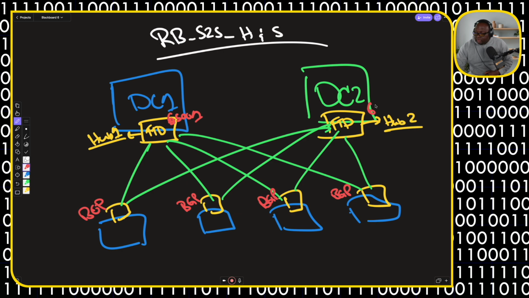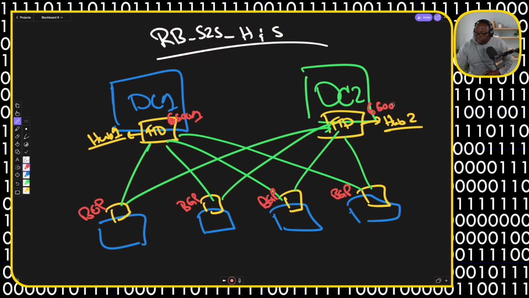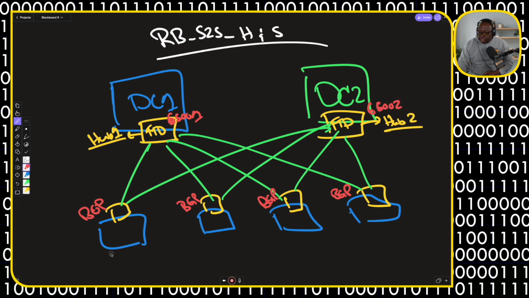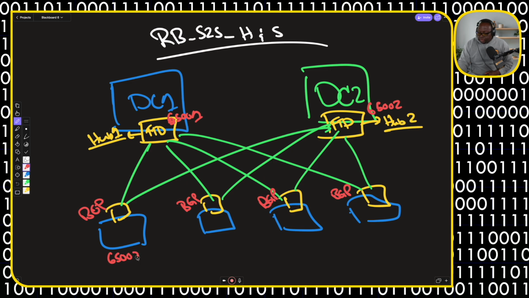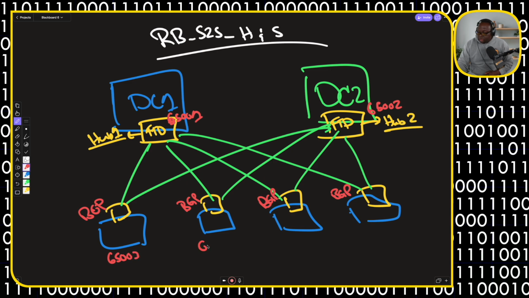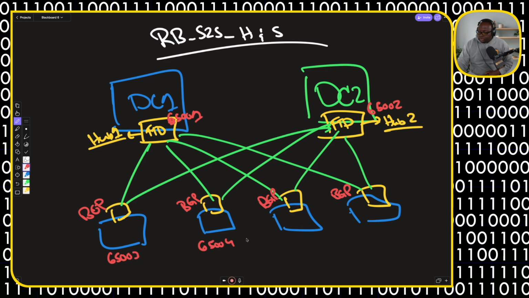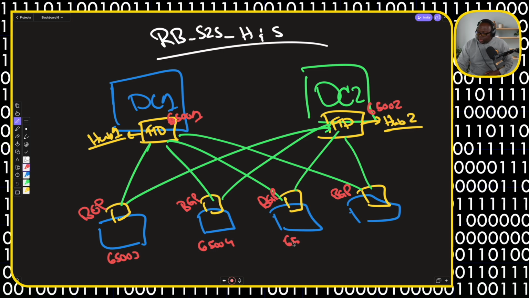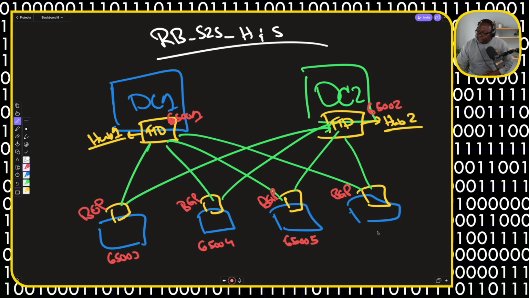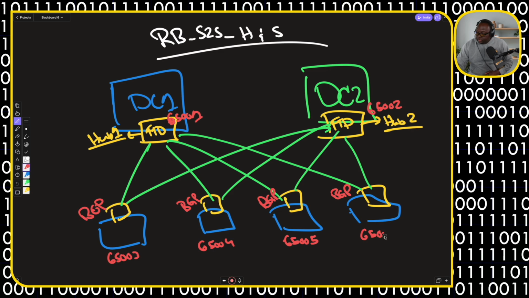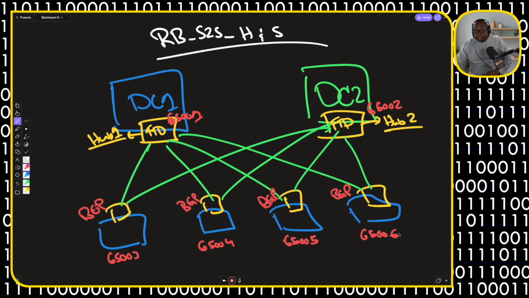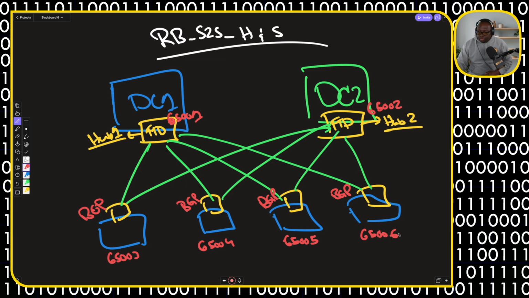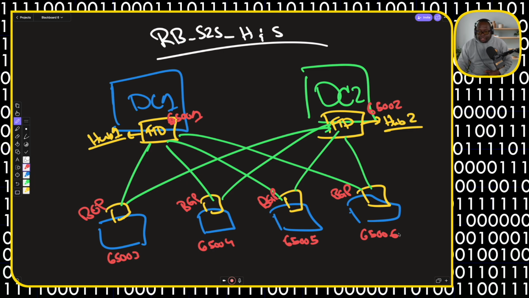This one could be 65002 if you wanted to do that. And then each site would be 65003, 65004, 65005, and 65006.